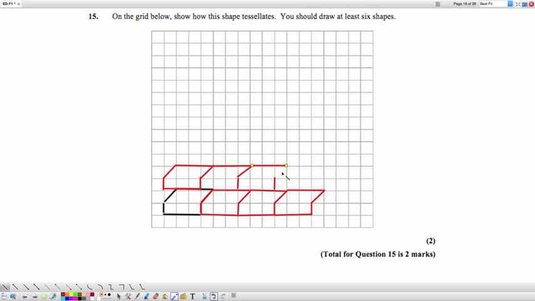So it's got to be an identical shape, and we need to place them where there are no gaps between the shapes drawn. So you need to draw at least 6 tessellations shown on any part of the grid.